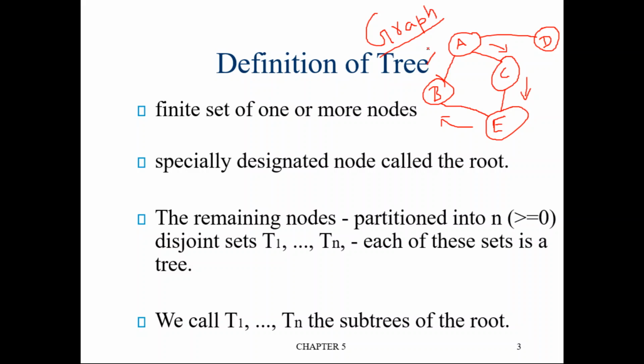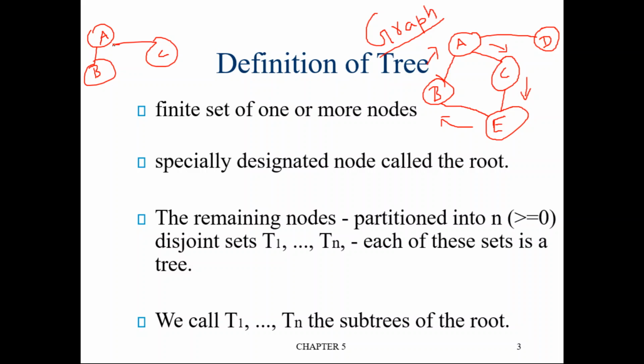So a tree is a graph without cycles. For example, if there is a structure like this, A, B, and C, this is a tree, not a general graph.